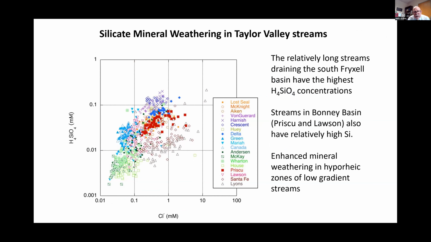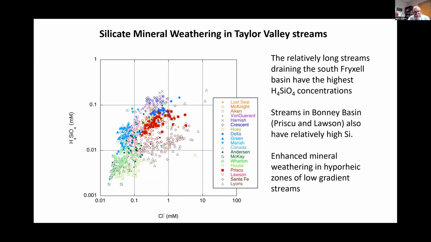We collected stream chemistry every year, a number of times in each of the streams that you just saw in that photograph. And this is a log plot of the dissolved silica concentration on the vertical and the chloride concentration on the horizontal. And you can see that the silica concentration varies by over 2 orders of magnitude, with high values approaching 300 micromolar.